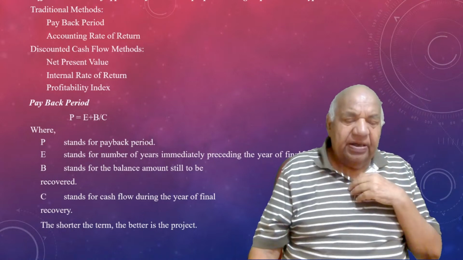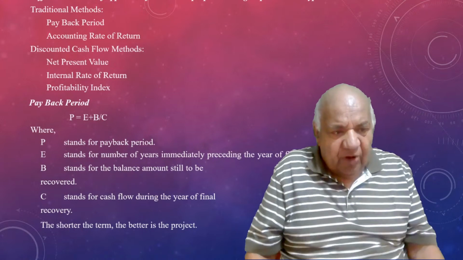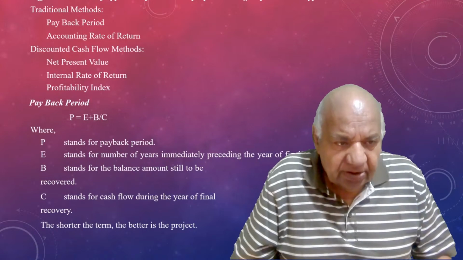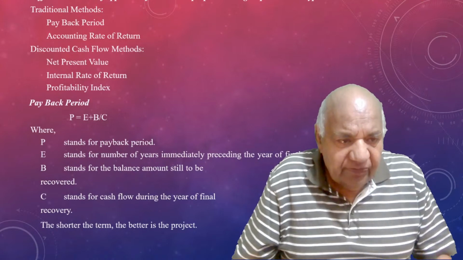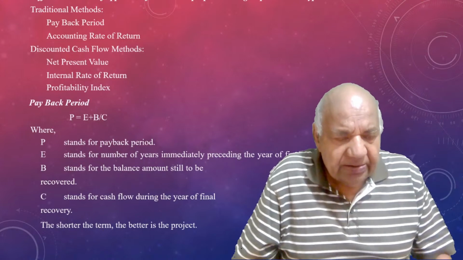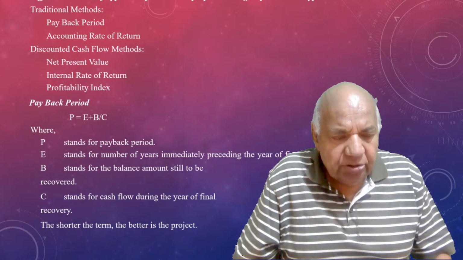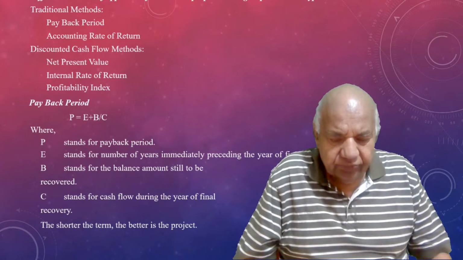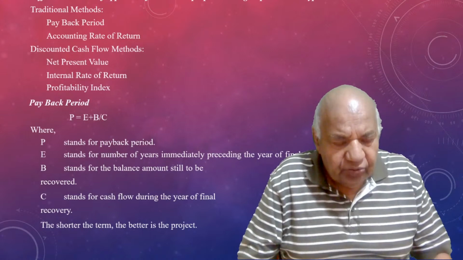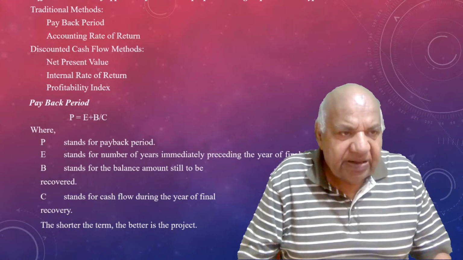In the fourth year the cash flow is 2 lakh. So here in the formula E is 3 year, B is 50,000 and C is 2 lakh. Therefore, payback period will be 3.25. And in payback, we must keep in mind the shorter the term, the better is the project.